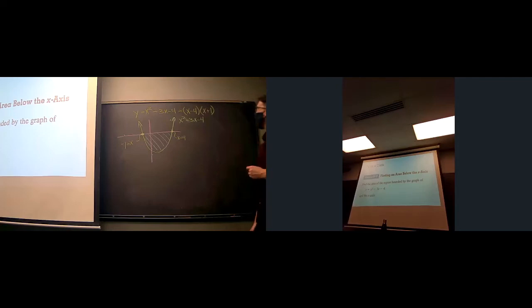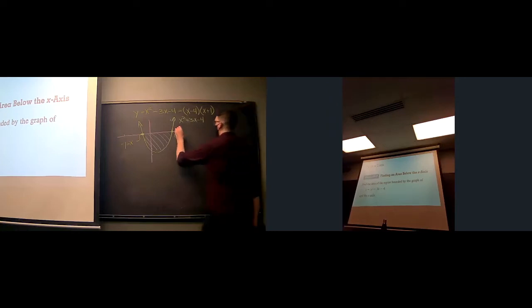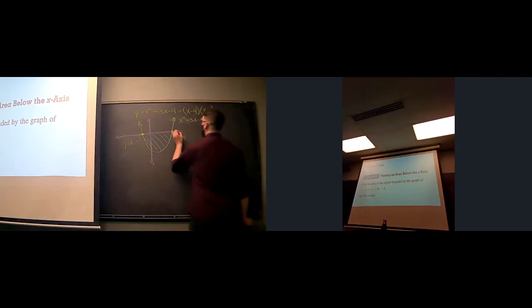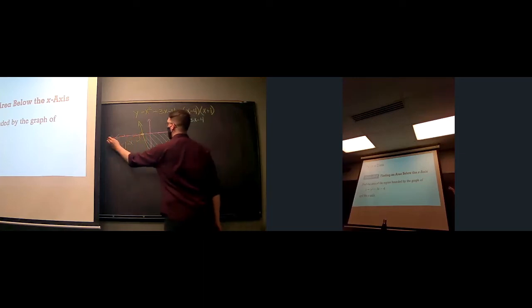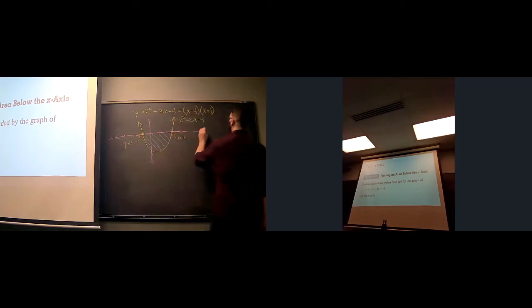If we were to write an equation for a line that lies along the x-axis, what would that equation be? Well, this would be the line y is equal to 0. Agreed?